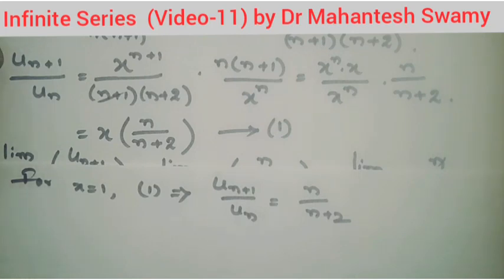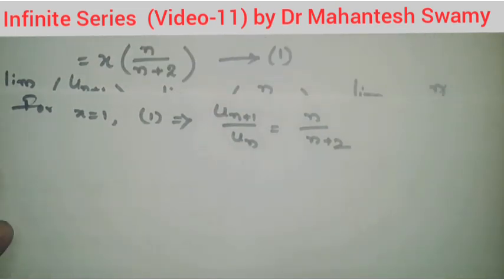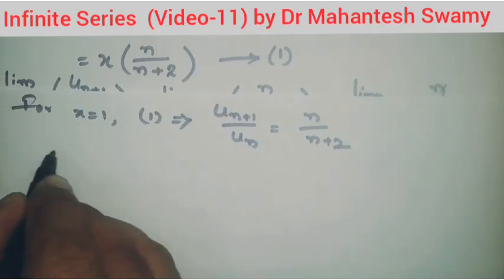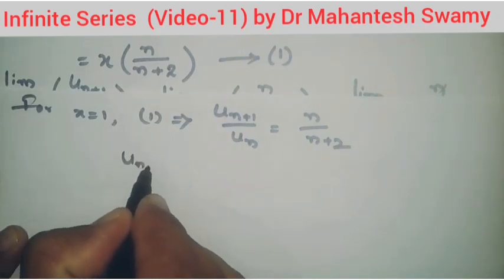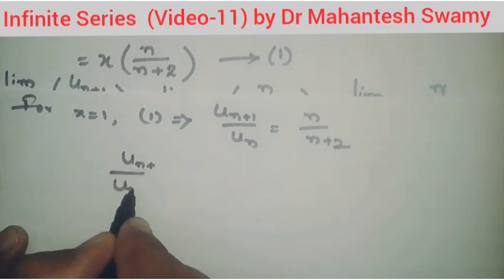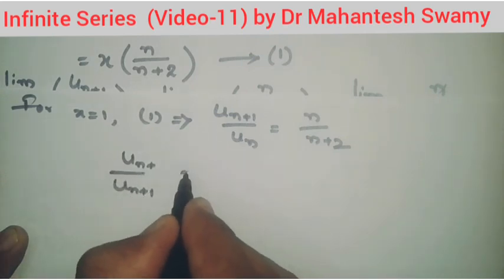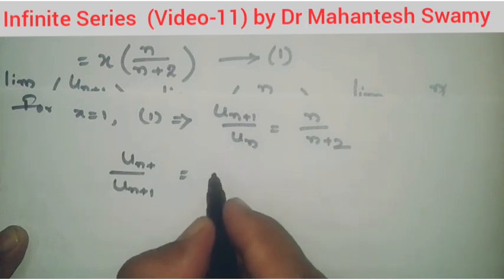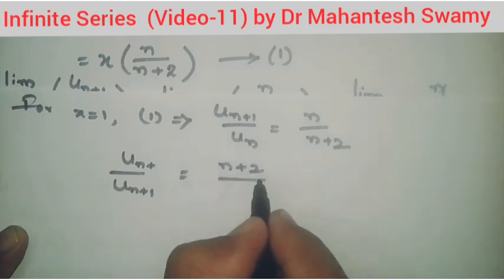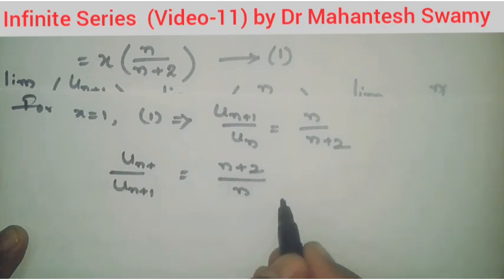Now, as per Raabe's test, I should consider the reciprocal of this. So let us proceed further. What should be done? I have to consider u(n) divided by u(n+1), so that is n plus 2 divided by n, the reciprocal I have to take.